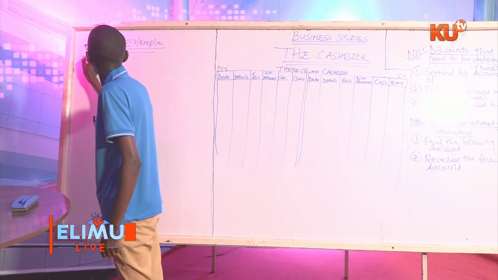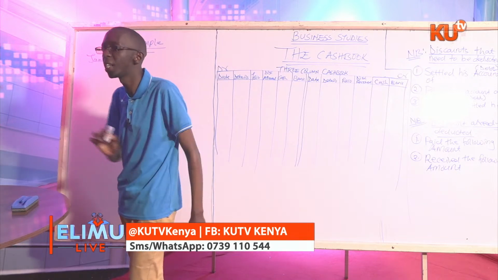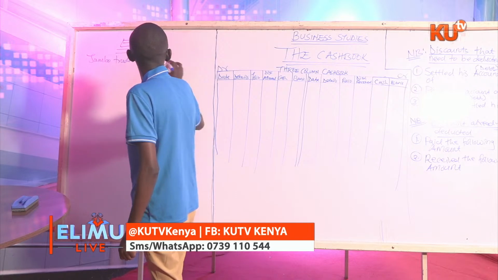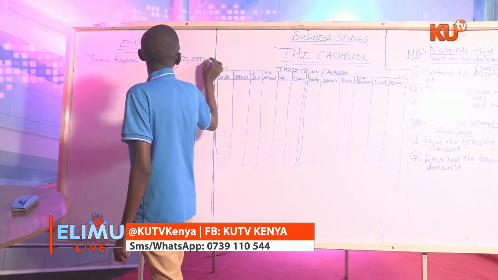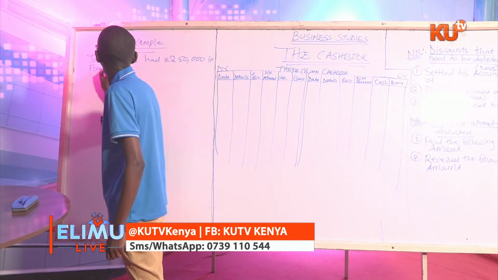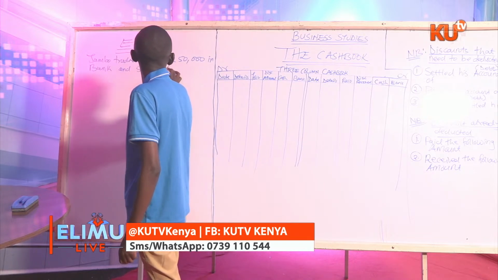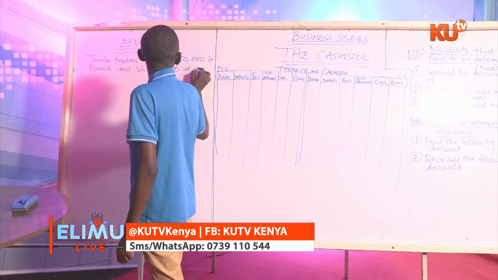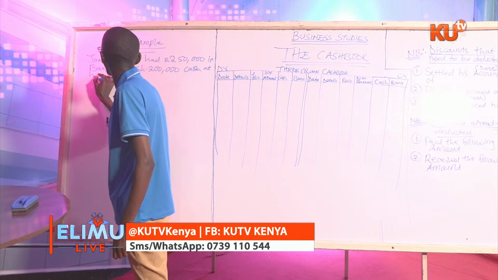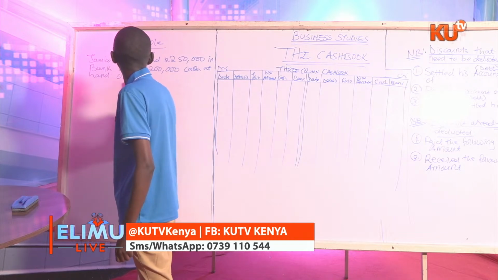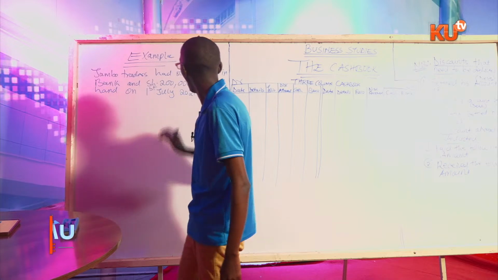Jumbo Traders had 250,000 shillings in bank and 200,000 shillings cash at hand on 1st July 2021.